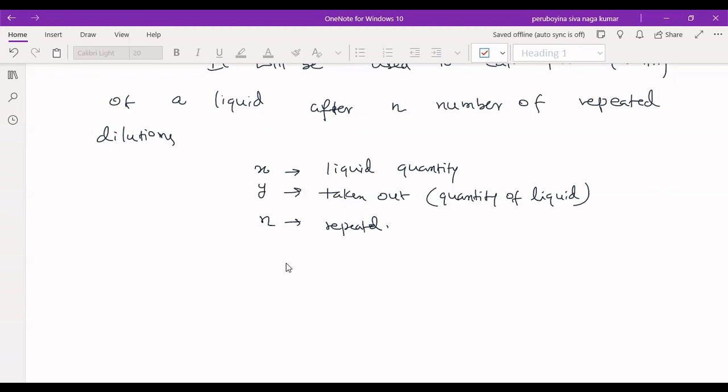Then after n repeated dilutions, the quantity of pure liquid is X(1 − Y/X)^n. Remember this for still water.